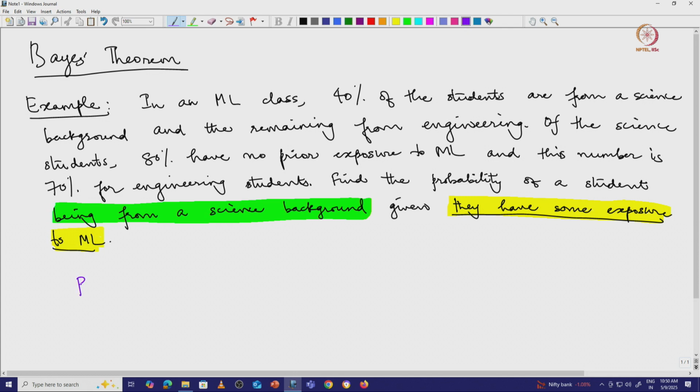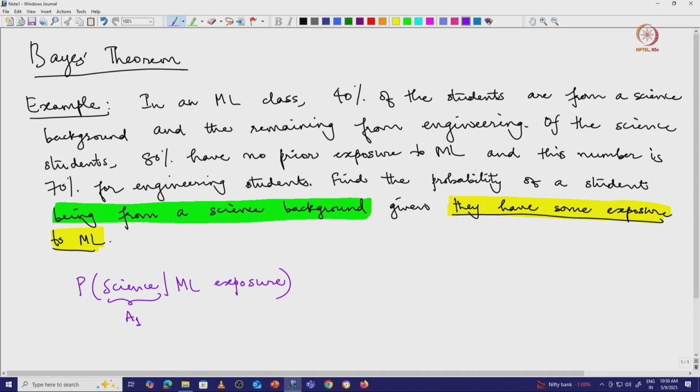So, let us define the probability that we have to calculate. We have to calculate the probability that the student is from a science background given they have ML exposure. Okay. So, let us call this the event A1, and we are doing that because we know that there are two possibilities, either the student is from a science background or they are from an engineering background.